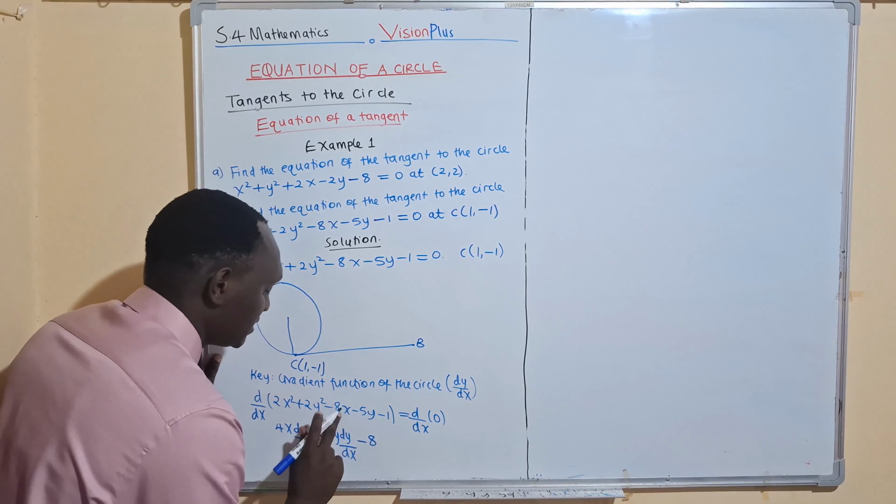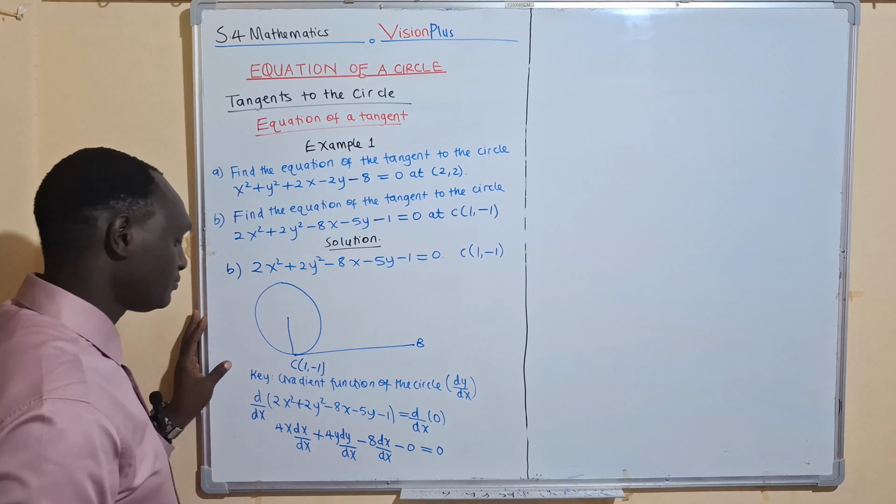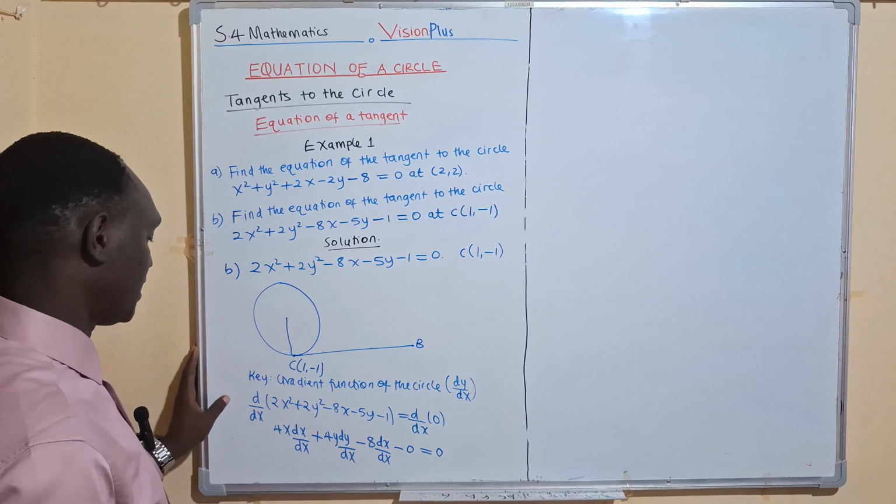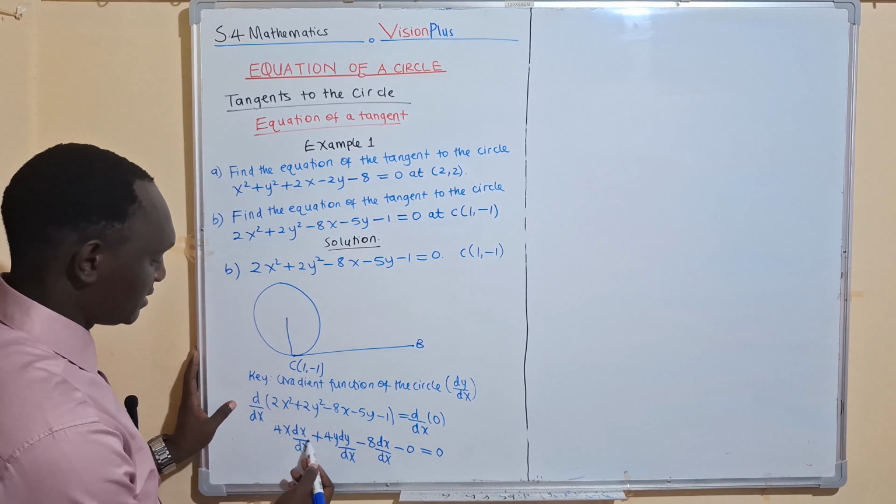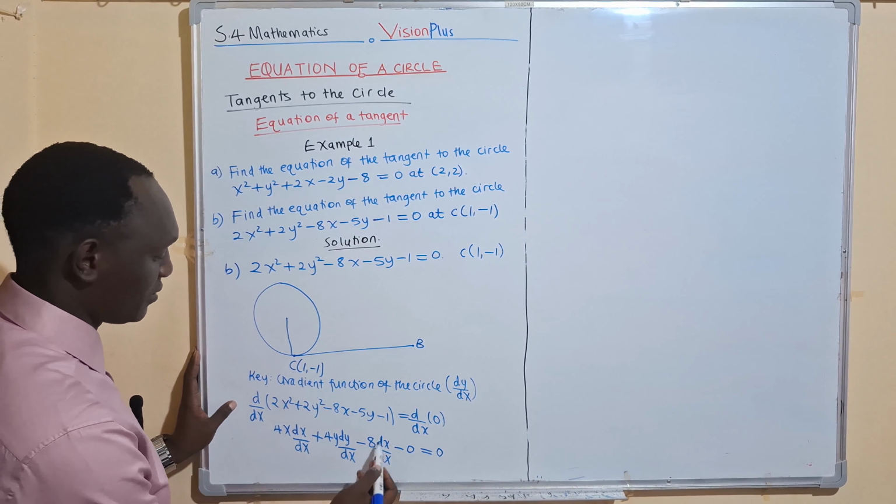So it was a function of x with respect to x. So dx/dx, that is going to give us 1. If we differentiate a constant, 1 is 0. So we shall have here minus 0 equals to, if we differentiate 0, we also get 0. It will cancel out. Therefore, we shall have 4x.